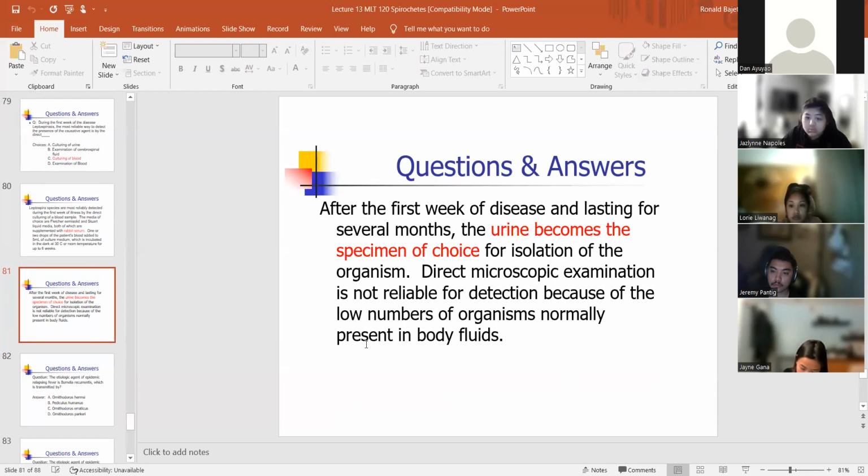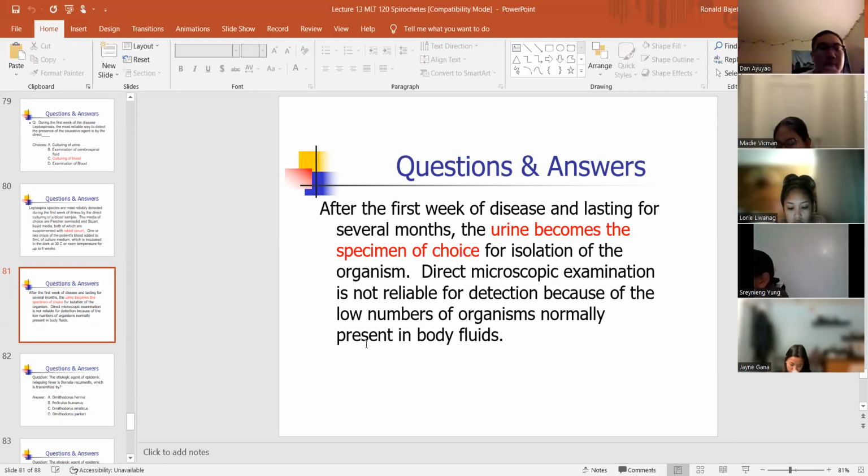After the first week of the disease and lasting for several months, urine becomes the specimen of choice for isolation of the organism. Direct microscopic examination is not reliable for detection because of the low numbers of organisms normally present in body fluids.